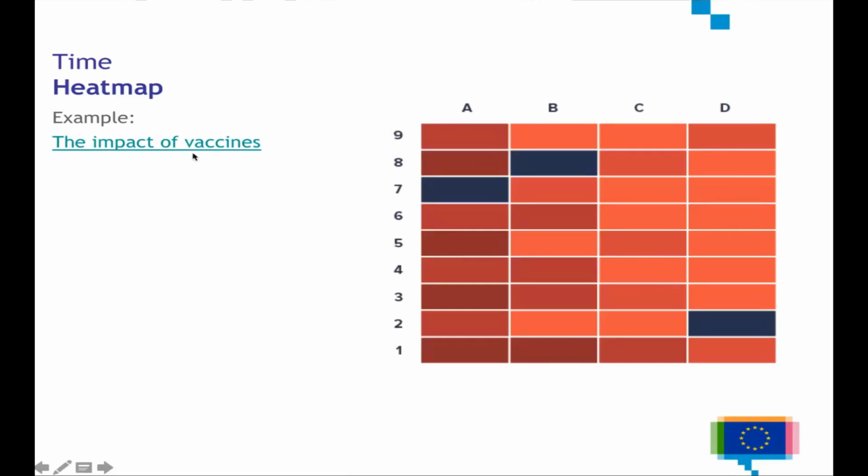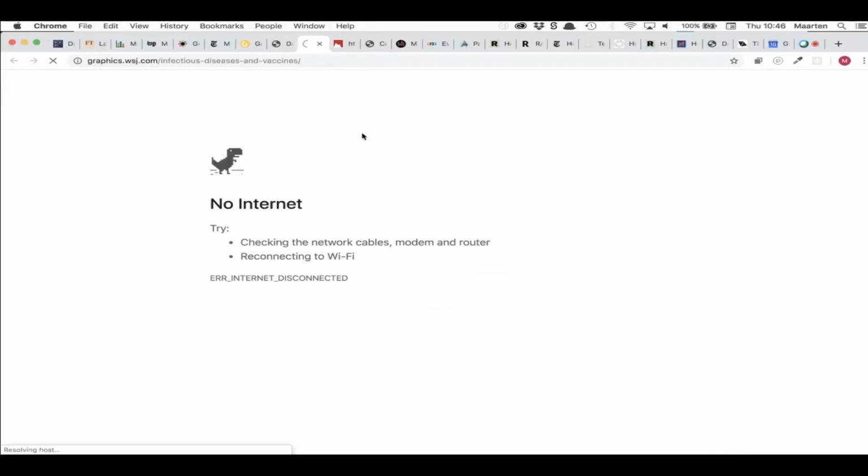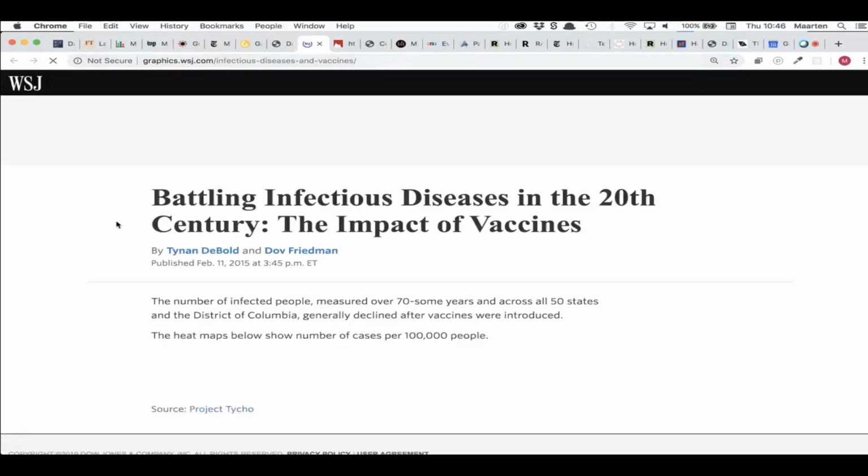And then you will get something like this, which is a quite well-known visualization. It became quite famous. It's a heat map showing the effect of vaccination on different diseases in the United States.